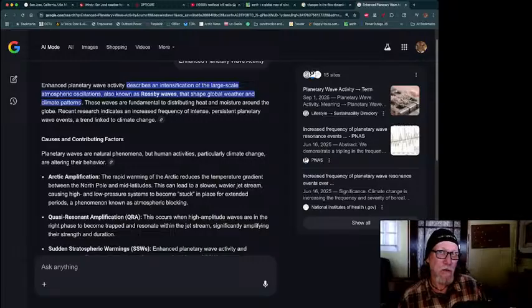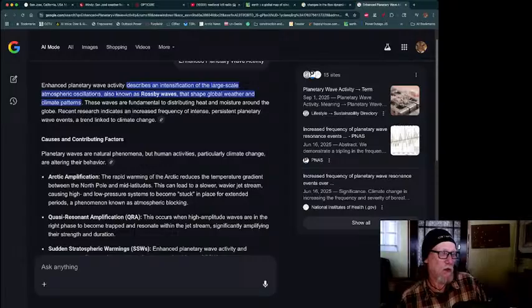Moving heat. And why is that? This is global heating, people. We've got some heat to deal with, and we're moving heat around, and it's going to suck. Okay, it's going to leave a mark. Recent research indicates an increased frequency of intense, persistent planetary wave events, a trend linked to climate change. Read 'em and weep. Read 'em and weep, my friends.